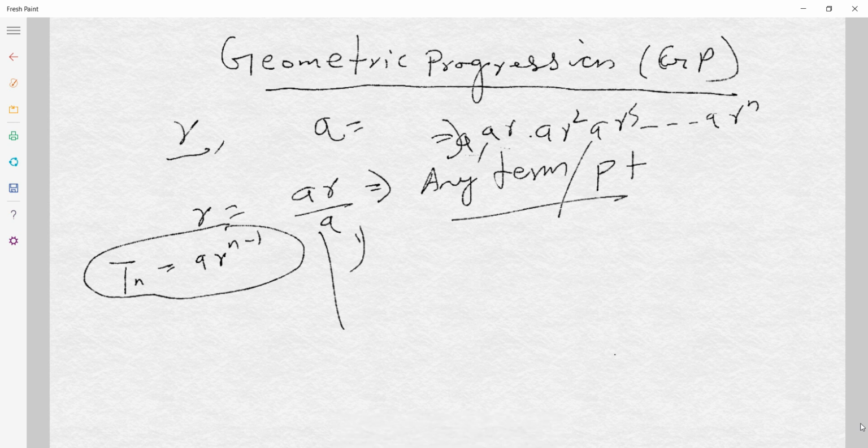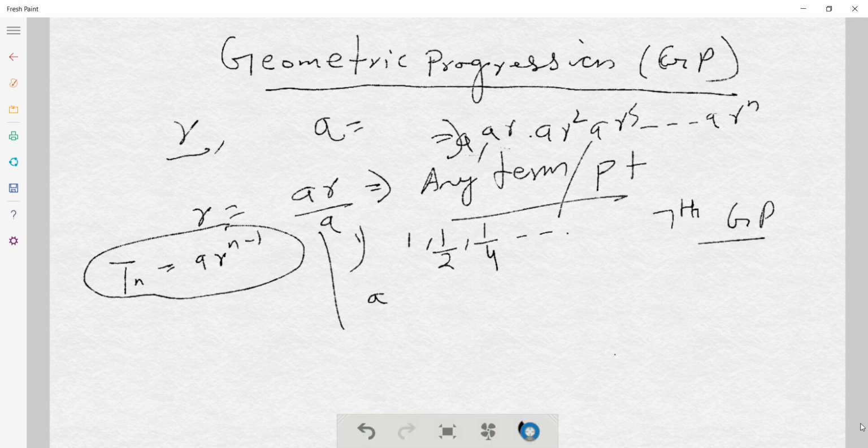Let's take the first example. Example 1: find the 7th term of the GP given by this sequence. How do you find it? First, we need to look for A, the first term.